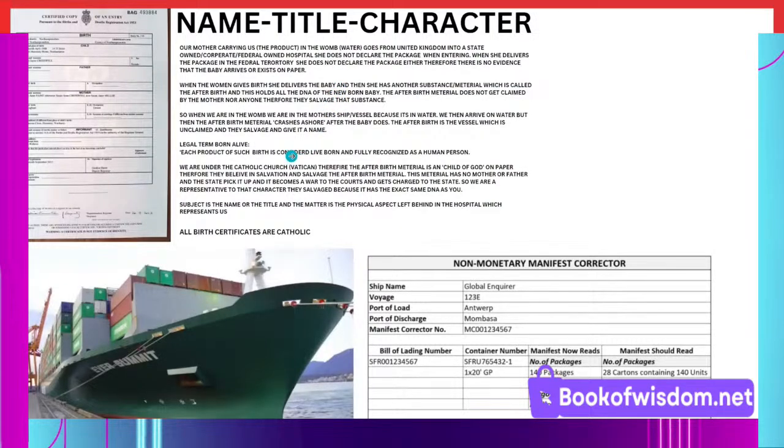We're not a corporation, but we represent a corporation, which is your name in full capital letters. That is your corporation. You cannot physically tax a body, but you can tax a corporation. This is why we get charged. This is why we get taxed, because it all goes down to the corporation which our name represents, which we are subjecting ourselves to.